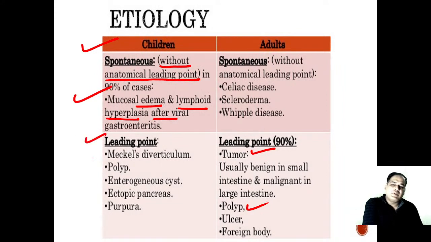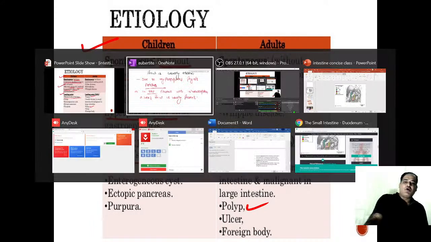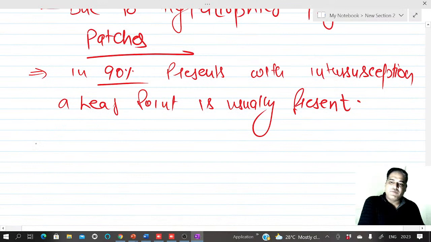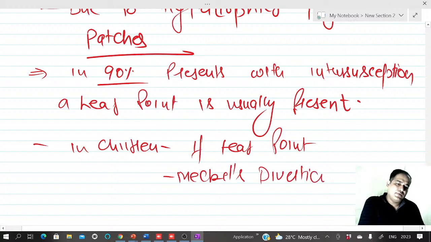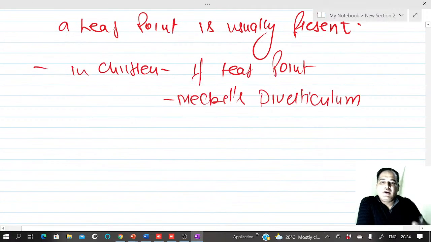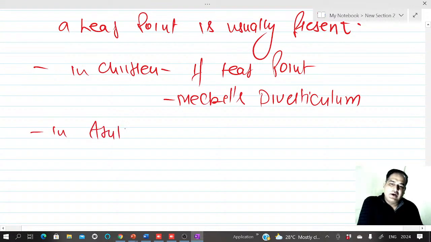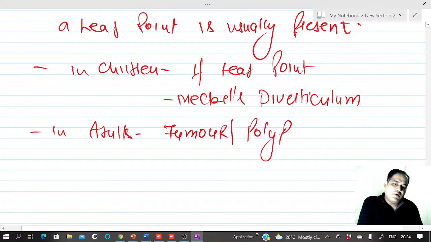Whereas in larger children, if a lead point is present, it is most commonly Meckel's diverticulum. Whereas in adults, it could be a tumor or a polyp.